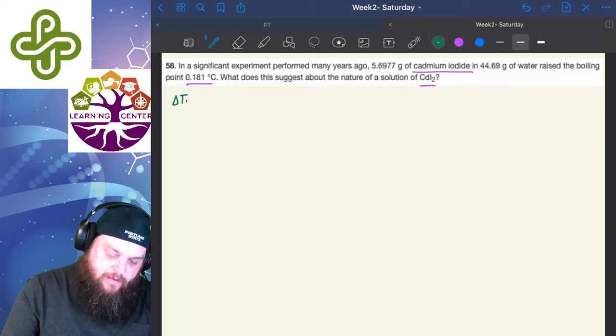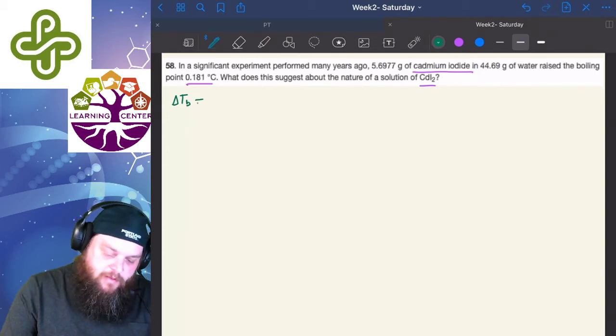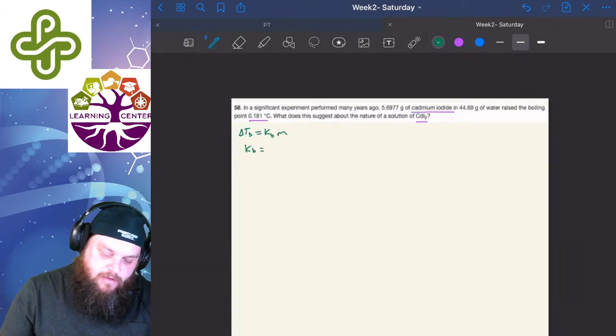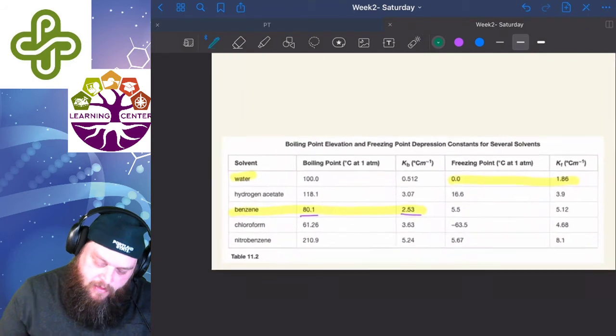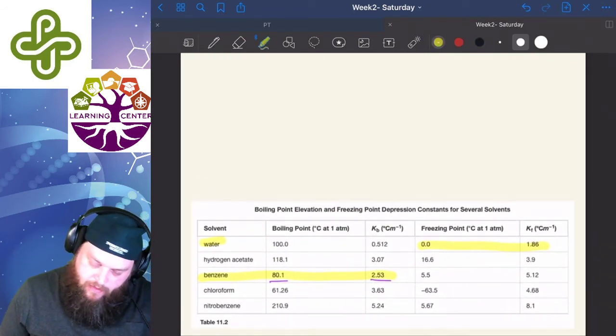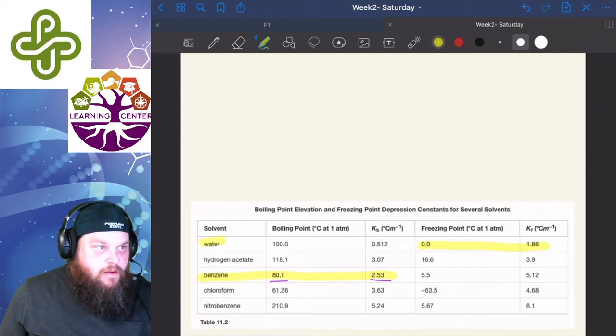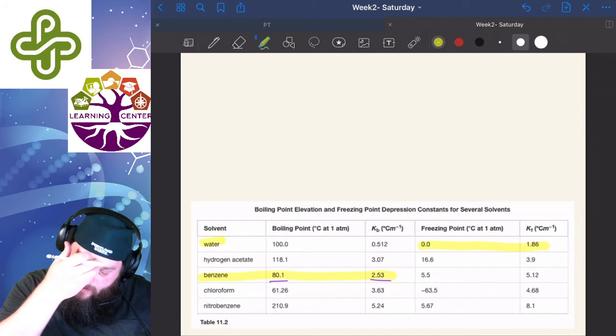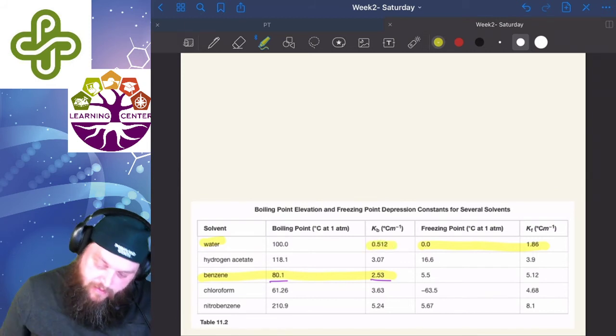This delta T of boiling, with a little b, is going to be equal to the constant at boiling times the molal. We can go back to the table found in your textbook, table 11.2, and we want to look for benzene. We said that was 2.5. No, I'm looking for the solvent, which is water. I'm sorry.